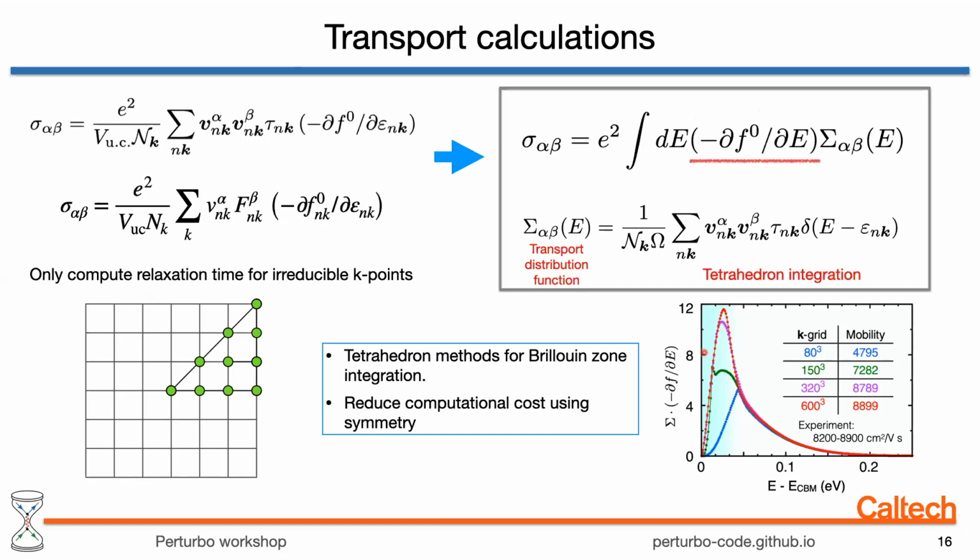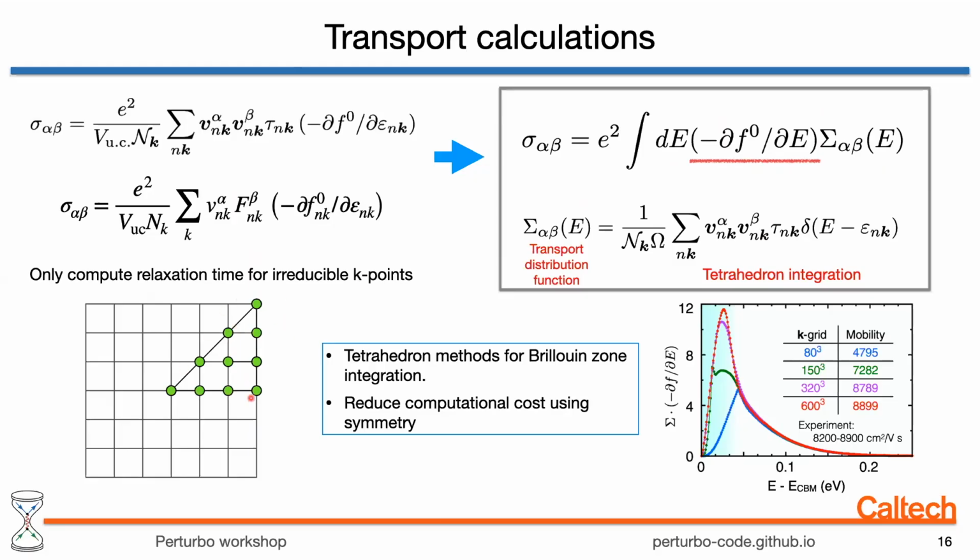Another key thing that we do in order to optimize these calculations is that instead of calculating the tau or the capital F for all K points in our Brillouin zone, we do it only for the irreducible wedge.